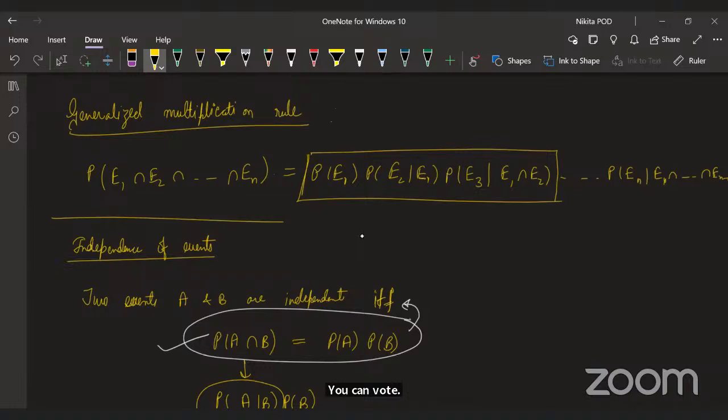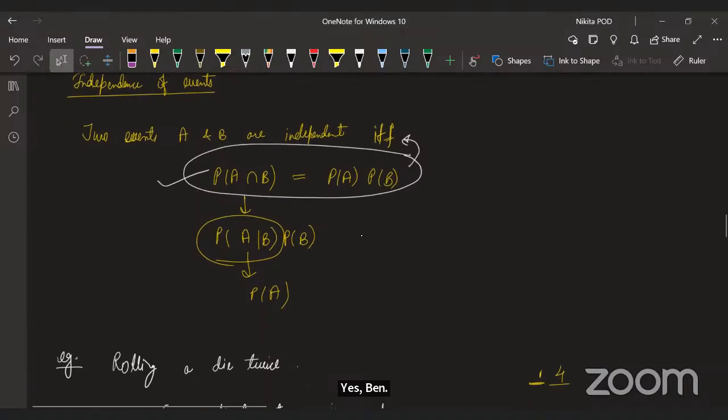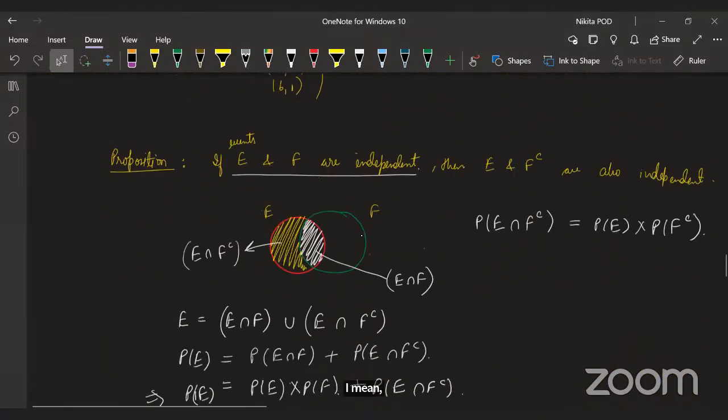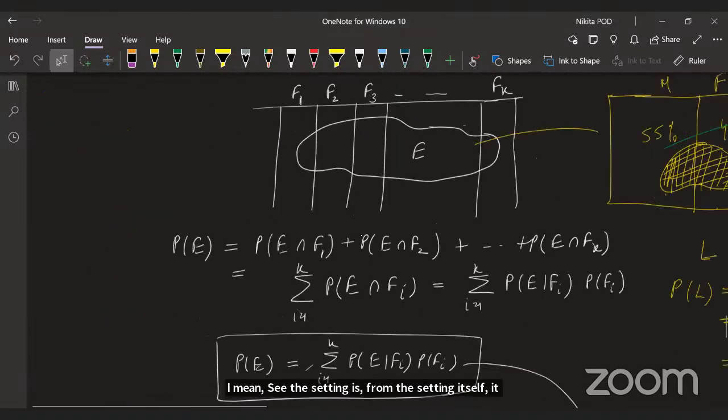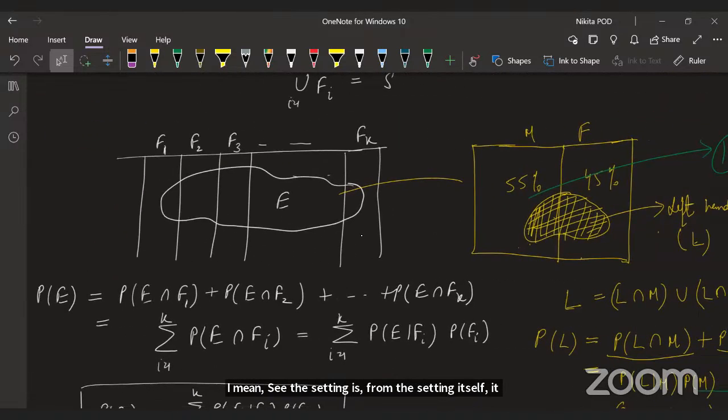Yes, ma'am. Why are we talking about independence and dependence there? From the setting itself it is clear, no? The way we have set it up is like this. You can look at this figure. So we have the population.